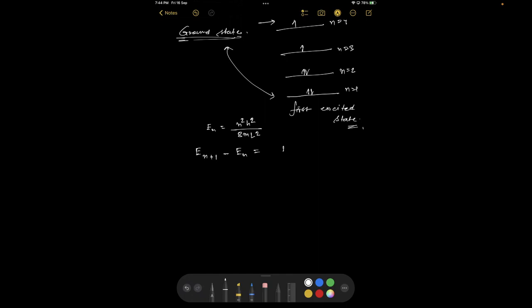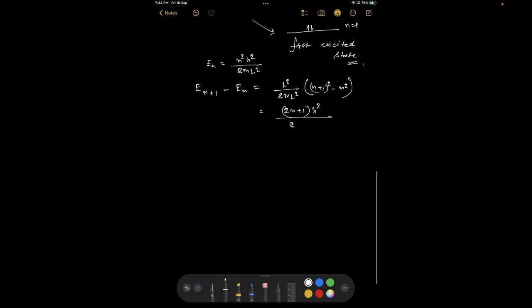So it will be h square divided by 8m L square times (n+1) square minus n square, right? So it will be (2n+1) h square by 8m L square. Now this is delta E in energy units.